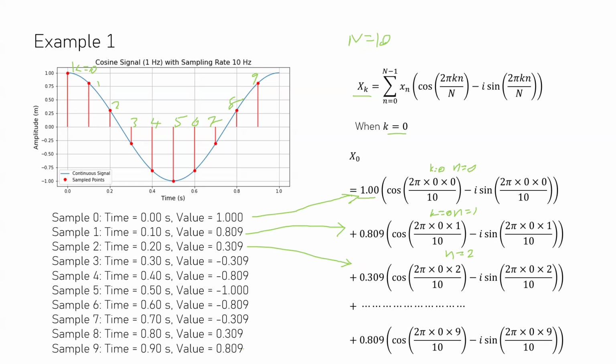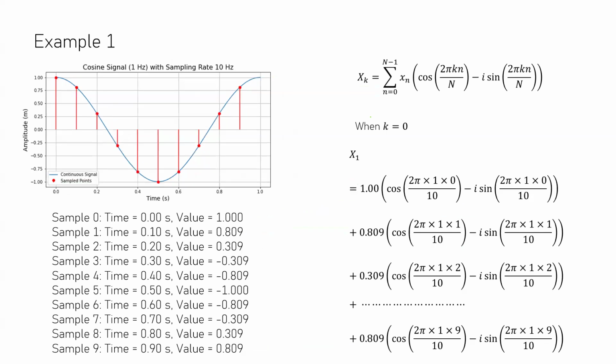Likewise, we are performing until n is equal to 9. So by using these calculations, we can find capital X0. So here, actually, we are finding capital X at k is equal to 1. So it is X1. And again, we plug these numbers into the expression.